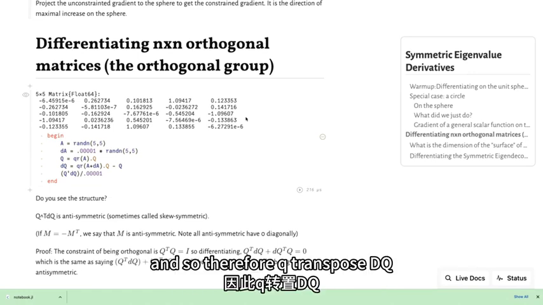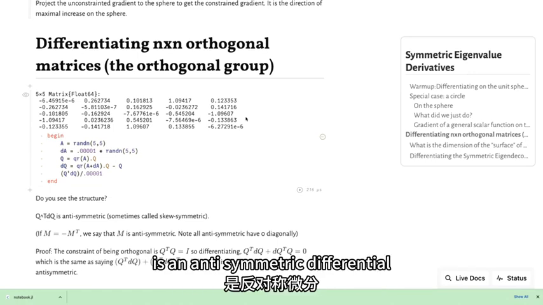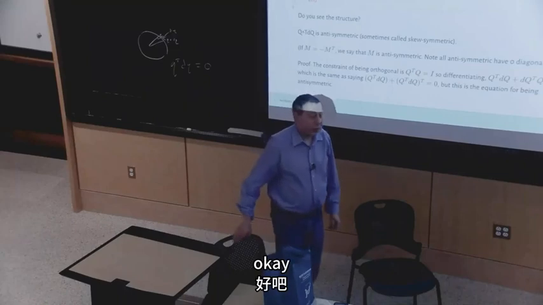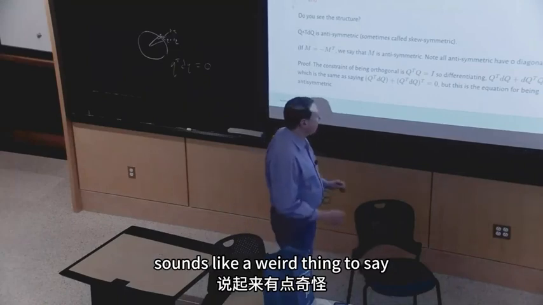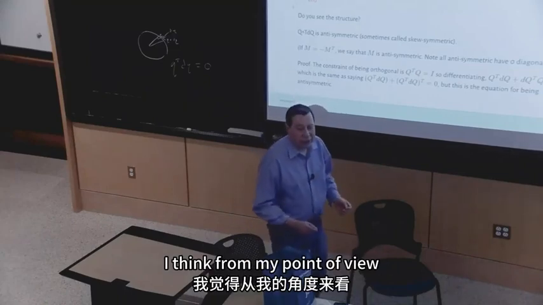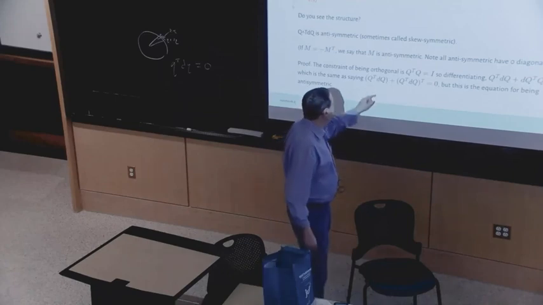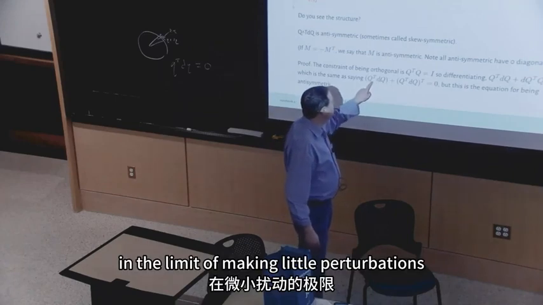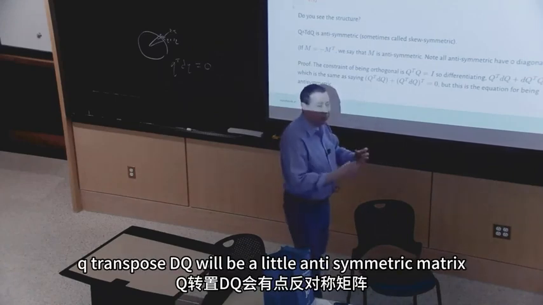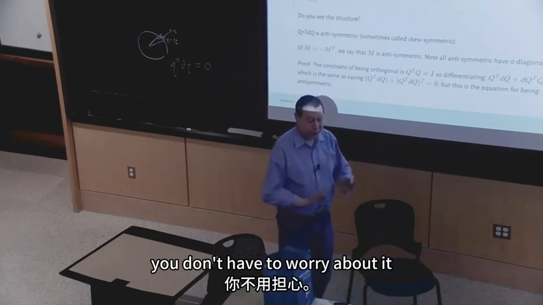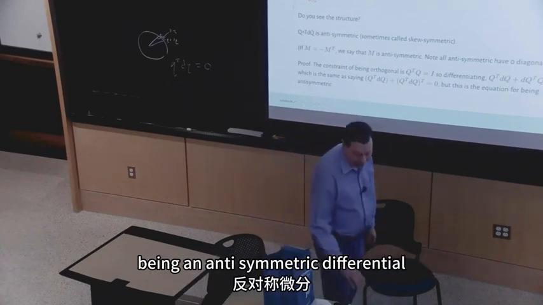And so therefore Q transpose dQ is an anti-symmetric differential. Now, if anti-symmetric differential sounds like a weird thing to say, from a practical point of view, in the limit of making little perturbations, Q transpose dQ will be a little anti-symmetric matrix, right? And then you don't have to worry about it being an anti-symmetric differential.